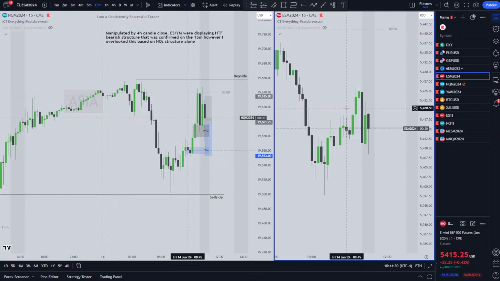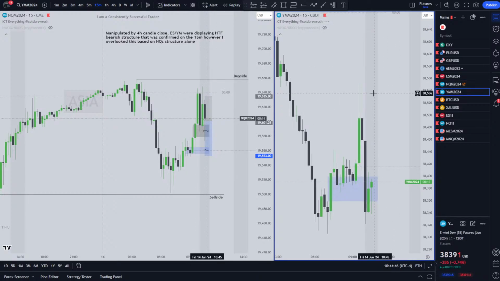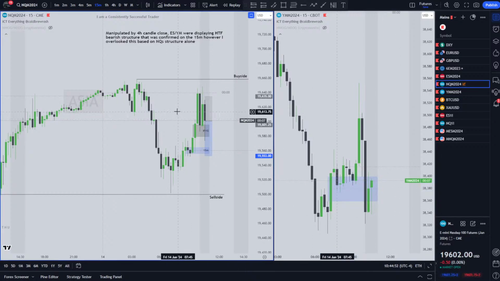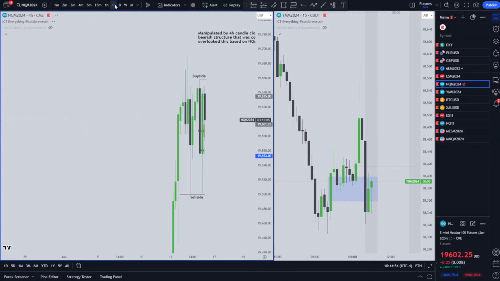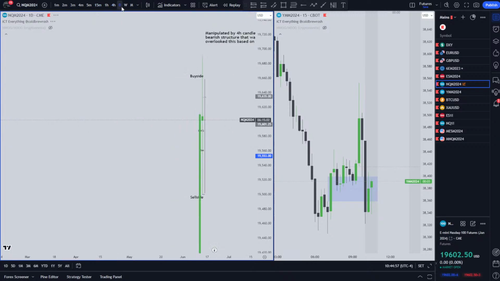But with hindsight, you're always gonna say, look, it's bearish. So if I would have stuck with that, I would have seen this as bearish. YM was bearish, and there was no buy. That's kind of unfortunate. I should have also considered that.